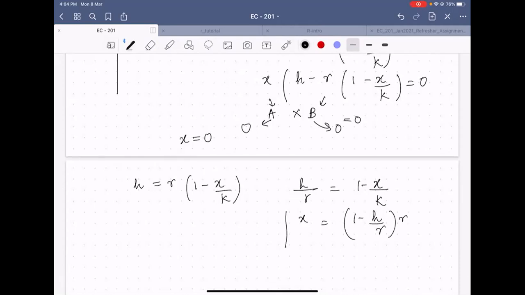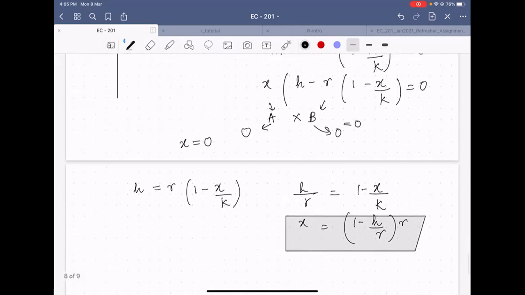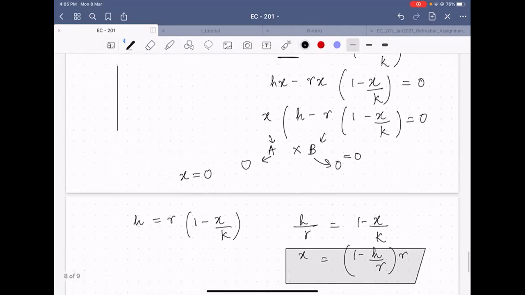So this is my other solution. Okay. So this is the expression of how to find the value of x, the other root. Okay. Where do they intersect? So this is one way of doing it.